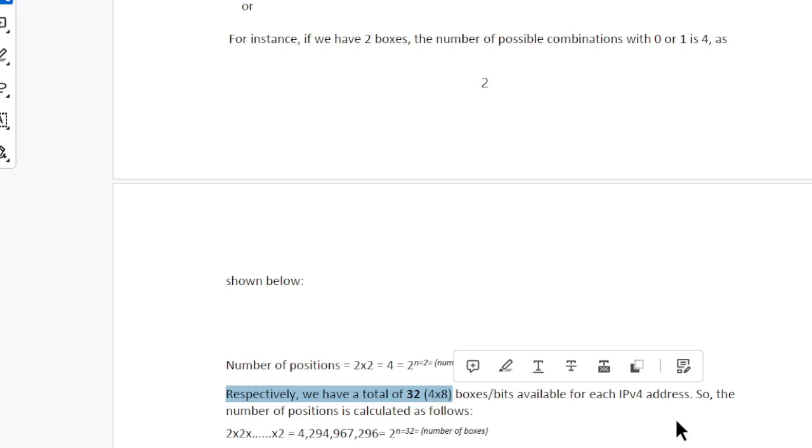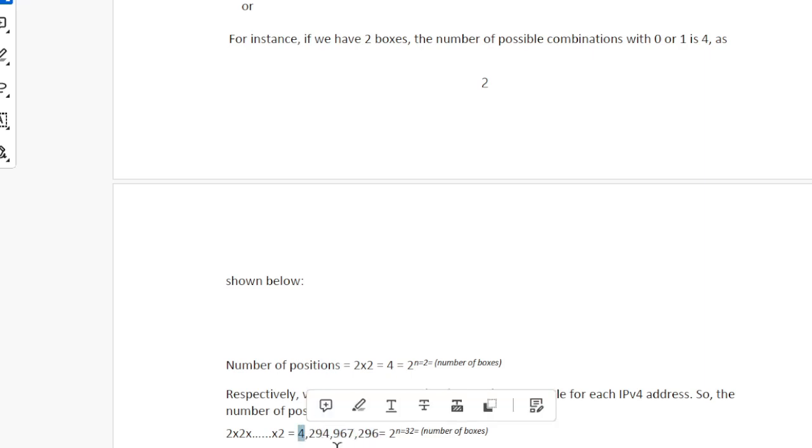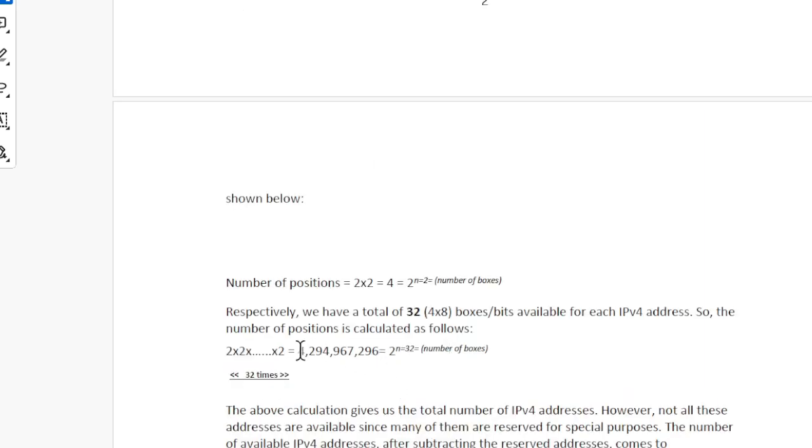It's available for each IPv4 address, so the number of positions is calculated as follows: 2 multiplied by 2, 32 times, which comes to 4 billion, 294,967,296 available IP addresses, which is actually the total IP addresses that we can have.